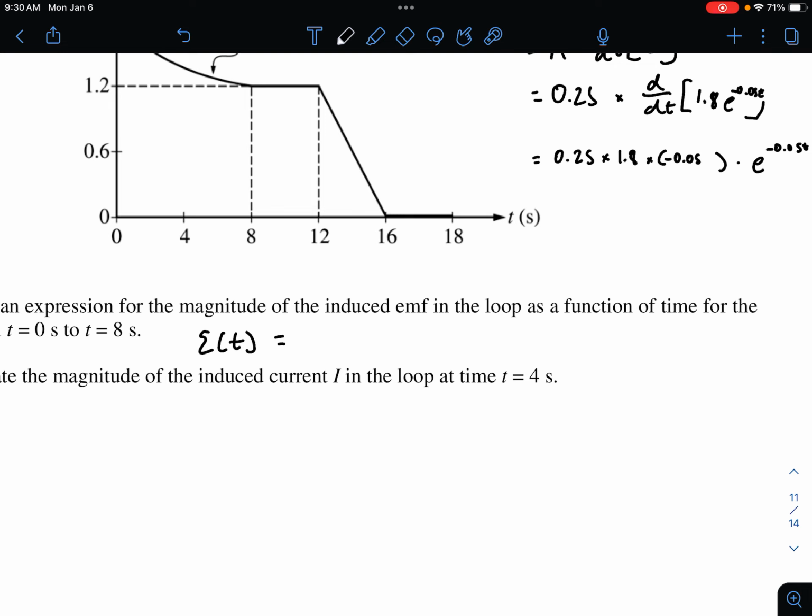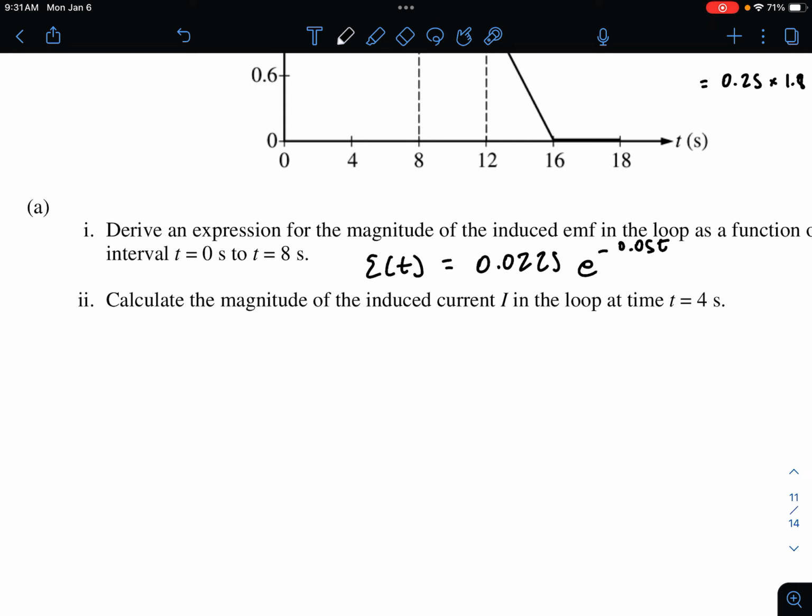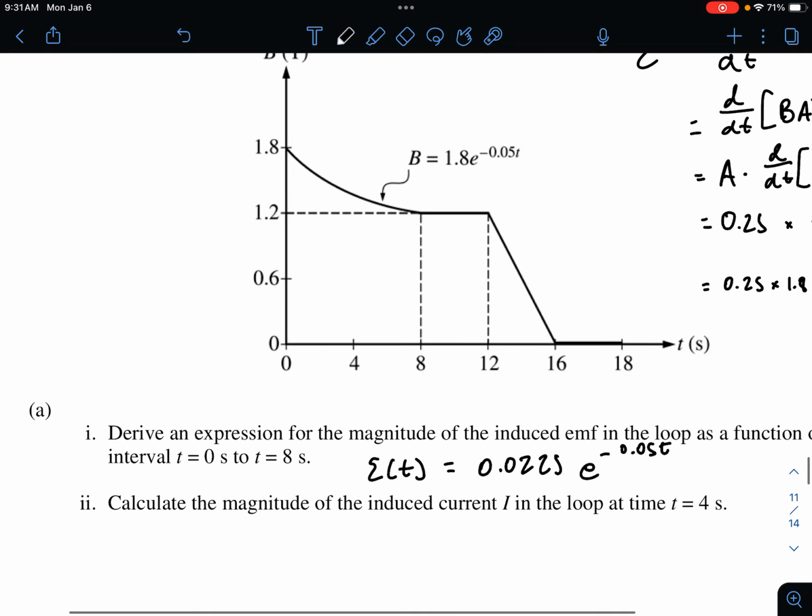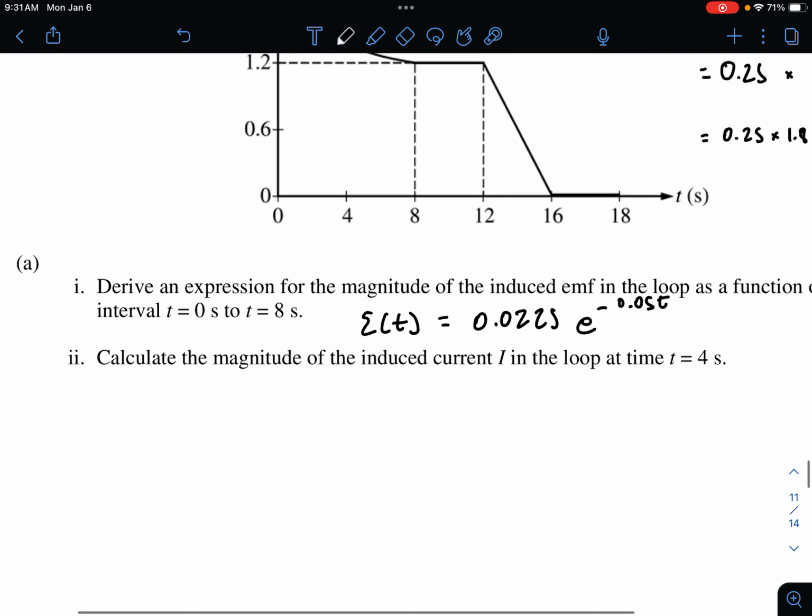So you get 0.025 times e to the negative 0.05 t. Derivative rules, that's the main thing. And this function makes sense, right? The magnetic field is changing less and less as you approach this flat line, so your induced EMF is going to decay.